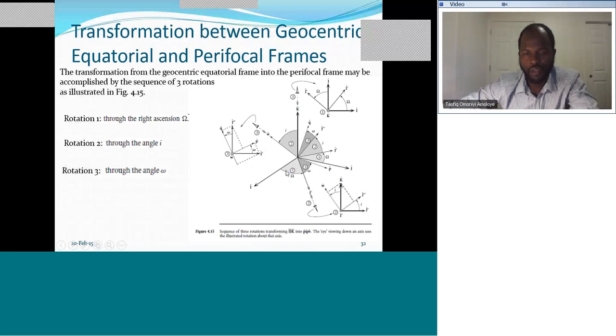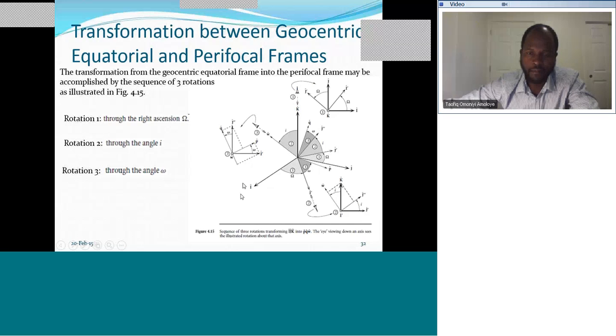So we are rotating about the z axis of the equatorial plane, and that's why an eye has been drawn above the z axis, to show that this is the axis being kept constant, and the rotation is about that axis.